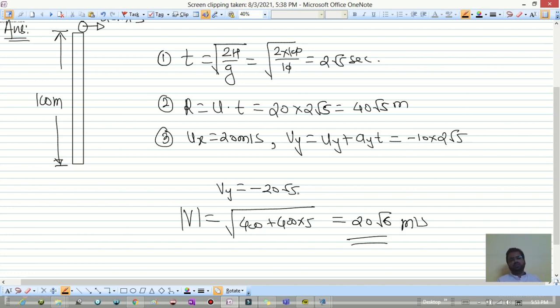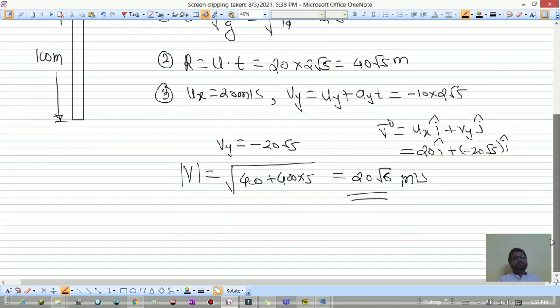So we have v bar, if you want, in the vector form, it is vx in i hat plus vy in j hat. So which is equal to, what is vx over here? 20 i hat plus, what is vy? Minus 20 root 5 in j hat. So I hope this is clear. So this is the v bar we have.